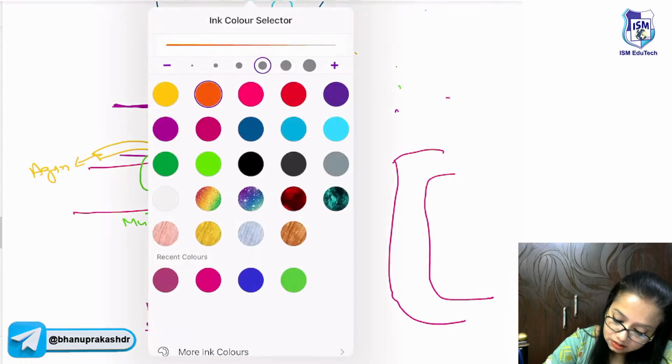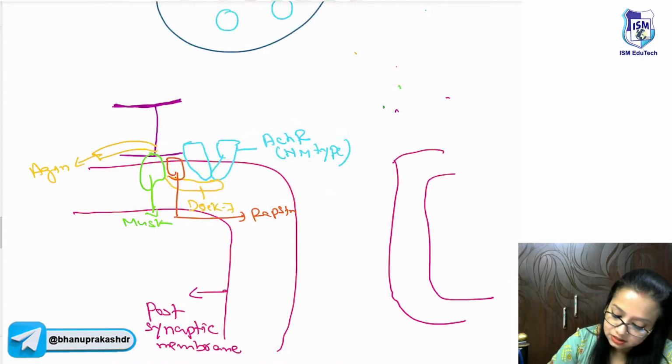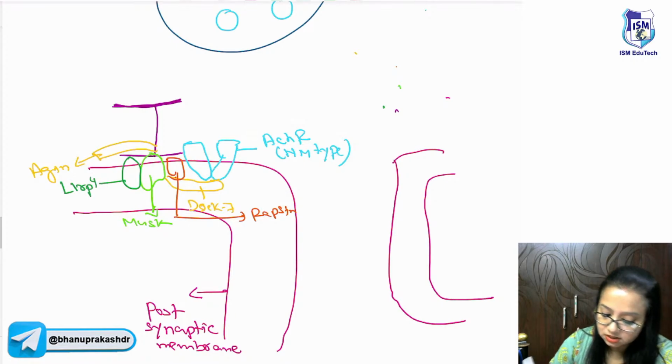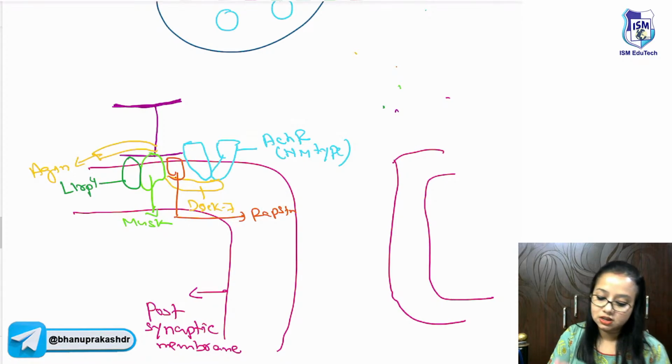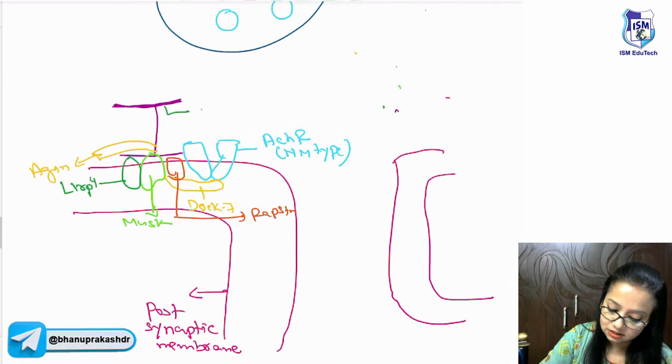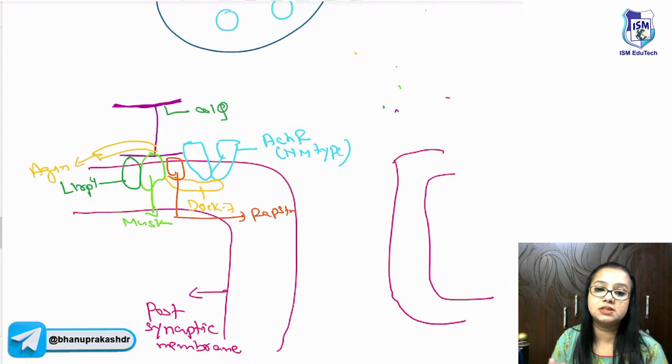We have the low density lipoprotein receptor protein. All those proteins are present as a cluster, and the collagen protein is helping in stabilizing this acetylcholine receptor. Okay, this is the structure that is present.